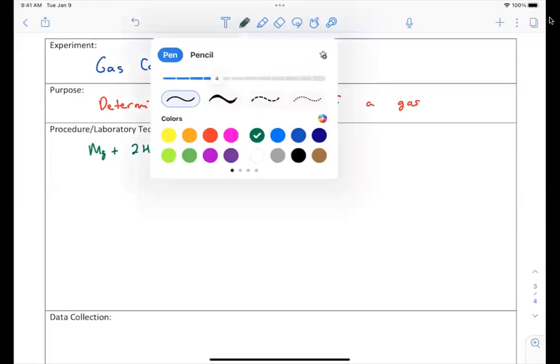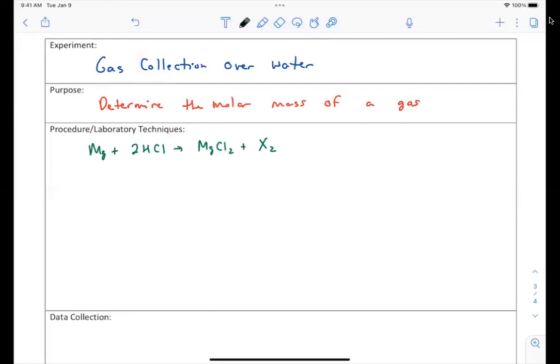Okay. So pieces of equipment that are specific to this experiment. Eudiometer.